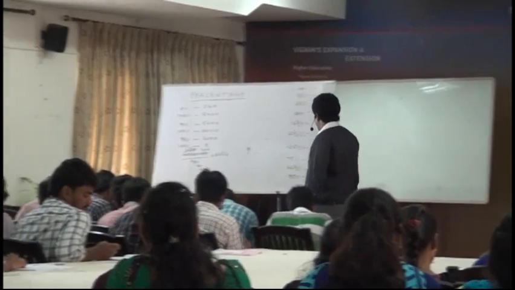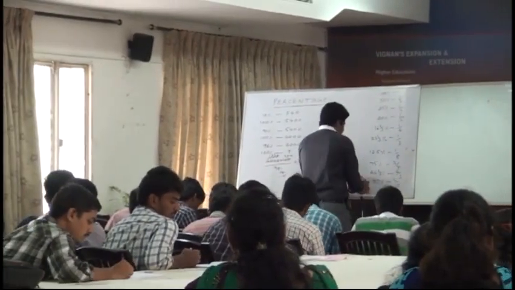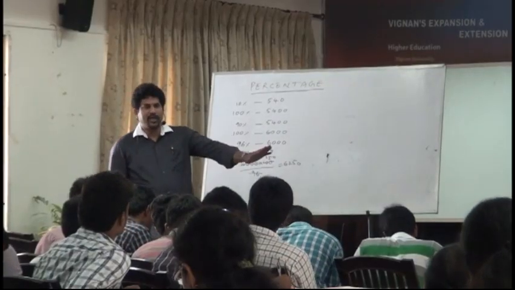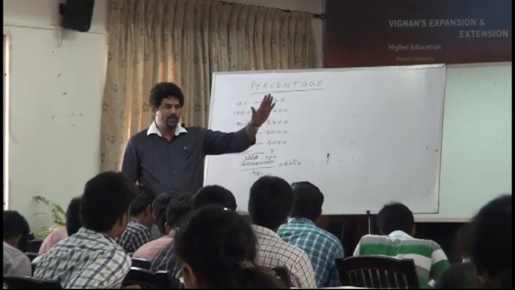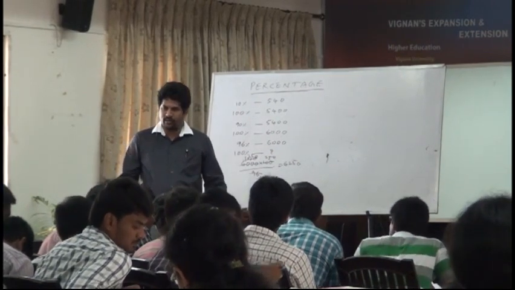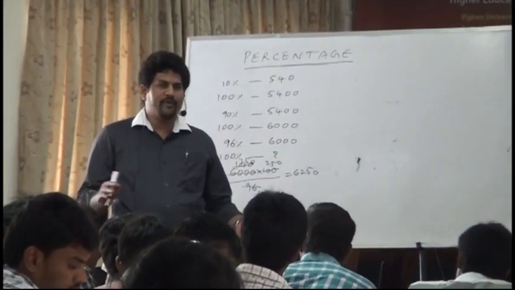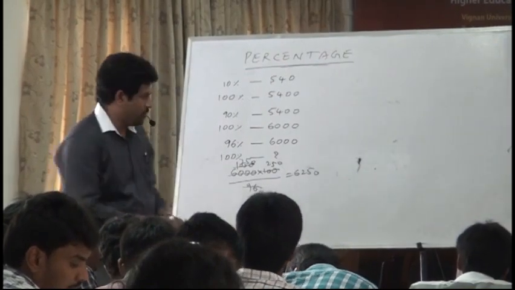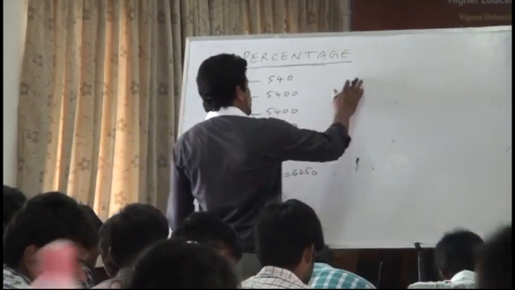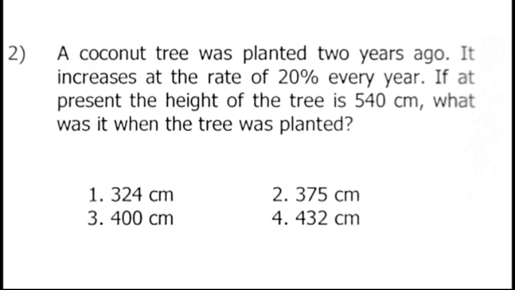Now, you tell me, how do you solve? Don't say X was the height of the tree when it was planted. No X here. I told you. So instead of X, what do we take? Very good. Height of the coconut tree when planted was 100. So after 1 year, what happens?